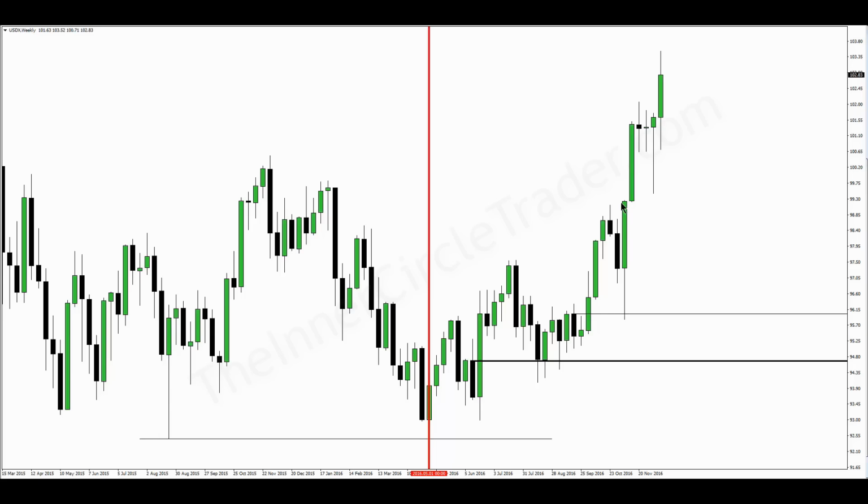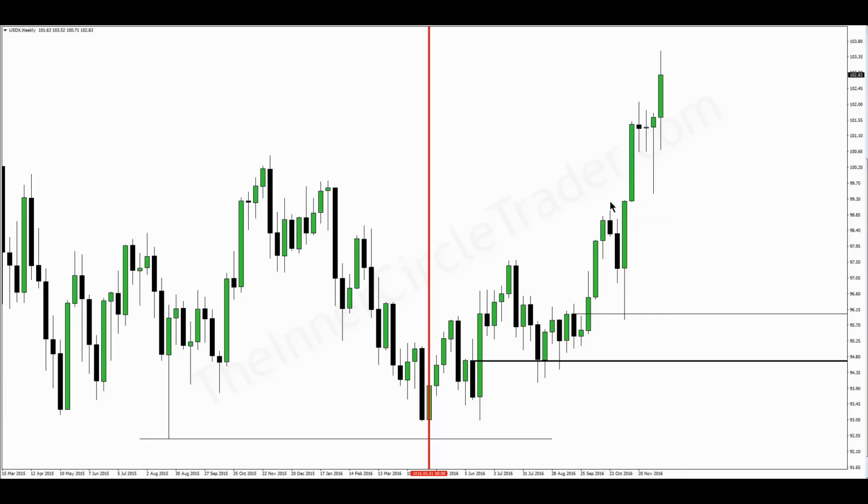And as price rallies through to external range liquidity, which is this high here, entering at internal range liquidity at this bullish order block here, the range again, about 310 pips, just to get first profit here.